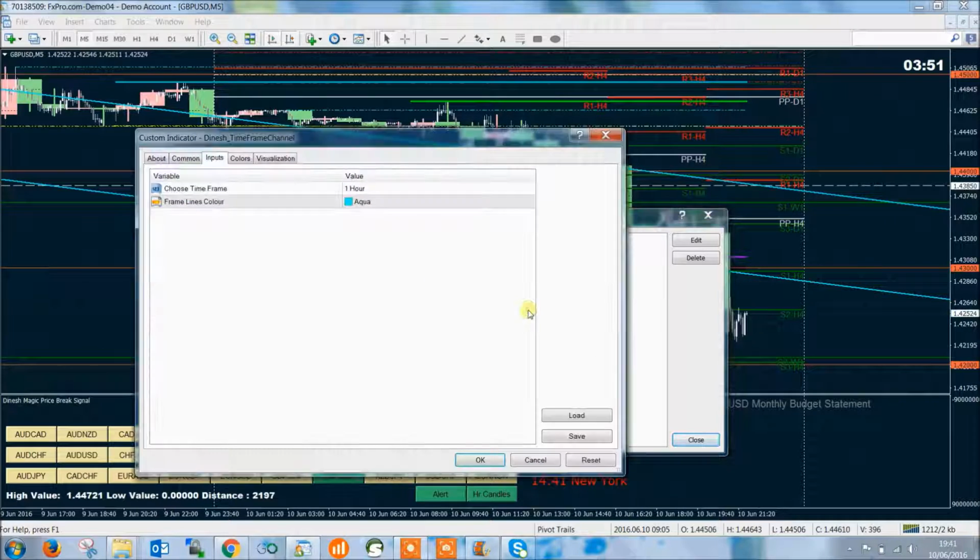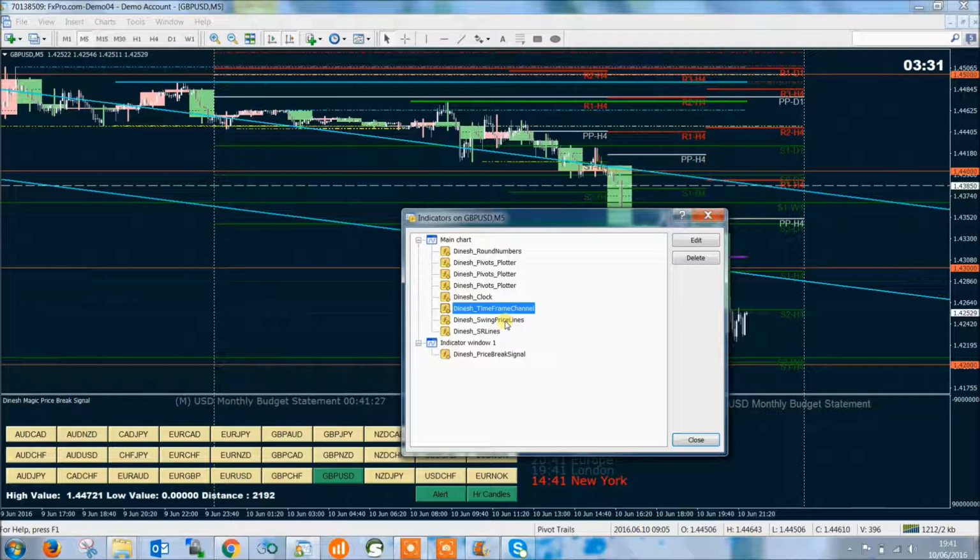And time frame channel, it is again explained in great detail in the channel. Please go there and have a look at it. It's very simple. Choose the time frame 1 hour and the color of the lines. I prefer to have aqua, and 1 hour is what we prefer in the strategy. So leave it as 1 hour. Don't change it. And we have pivot plotter.